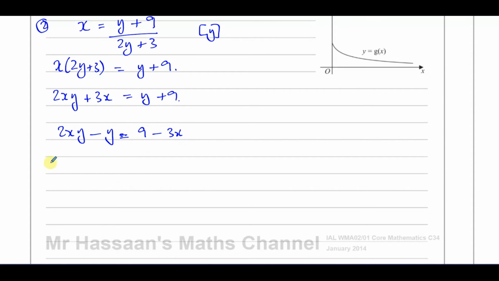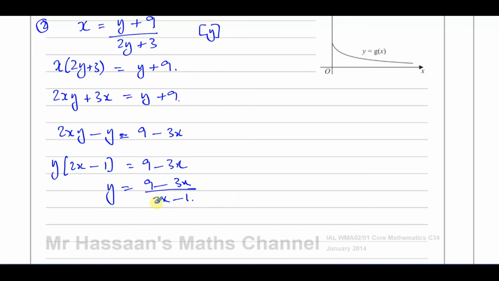Okay, and then I can take y as common. So I have y times 2x minus 1 equals 9 minus 3x. And then I can say y equals 9 minus 3x over 2x minus 1.